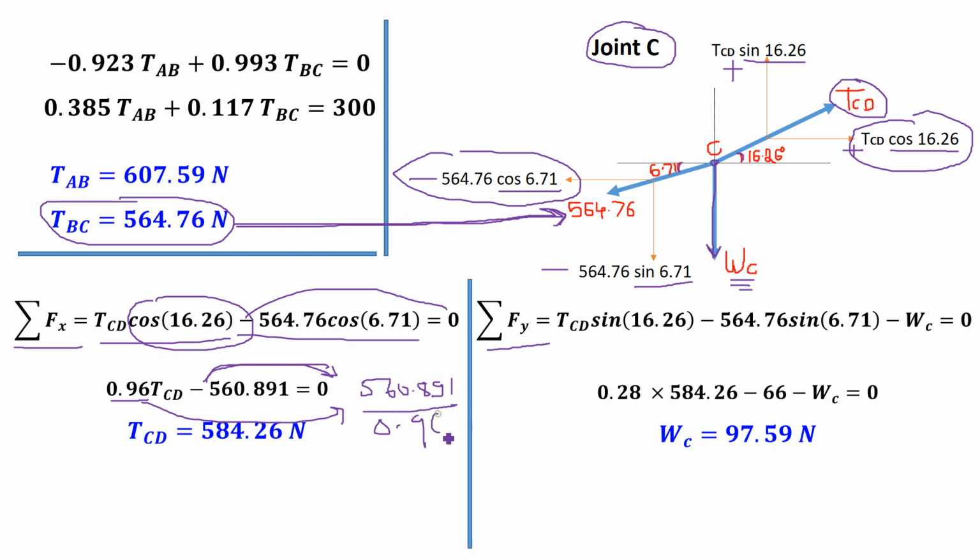So the answer is 584.26. Once you find tension CD, our objective is to find WC.